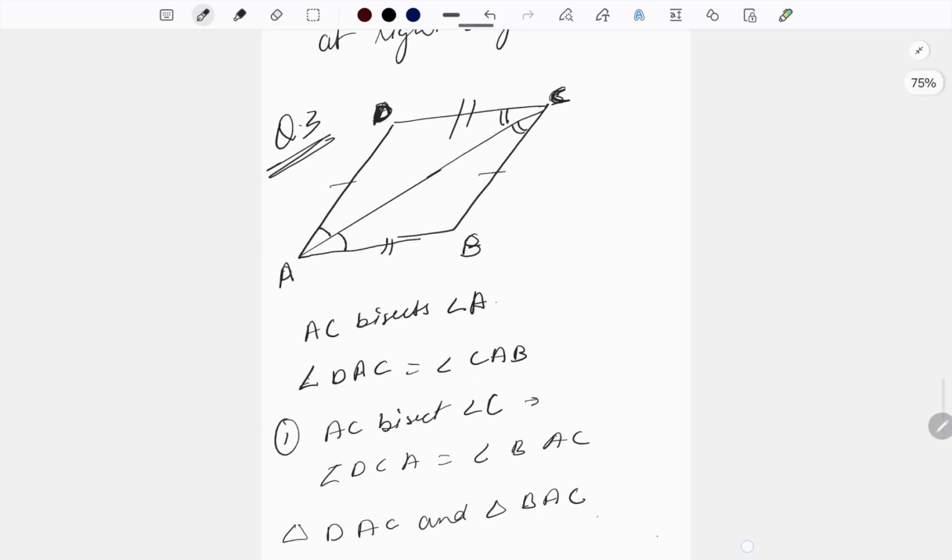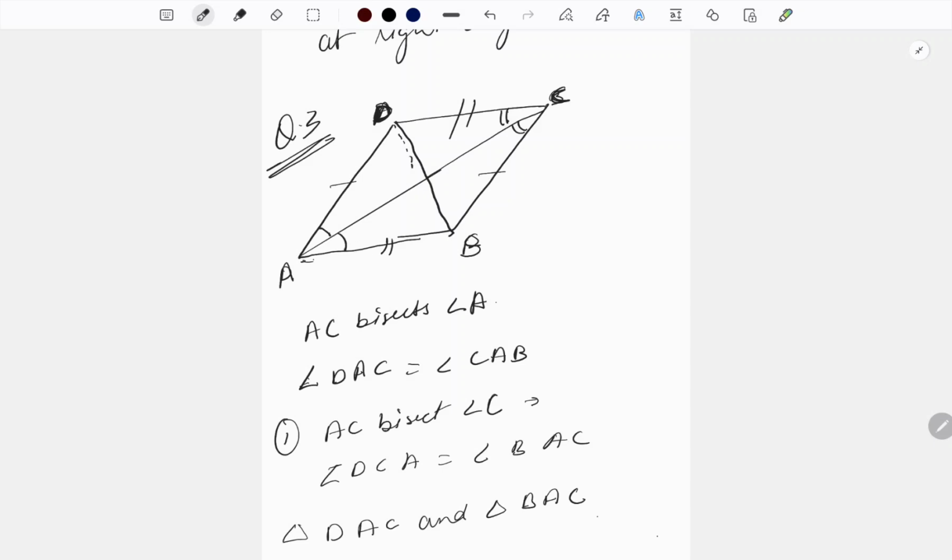To prove that it is a rhombus, we have to join DB, and then we have to take triangle... by CPCT if you'll see, this is congruent to this.